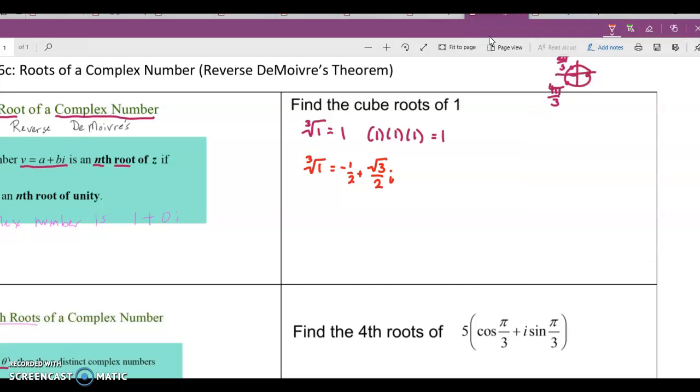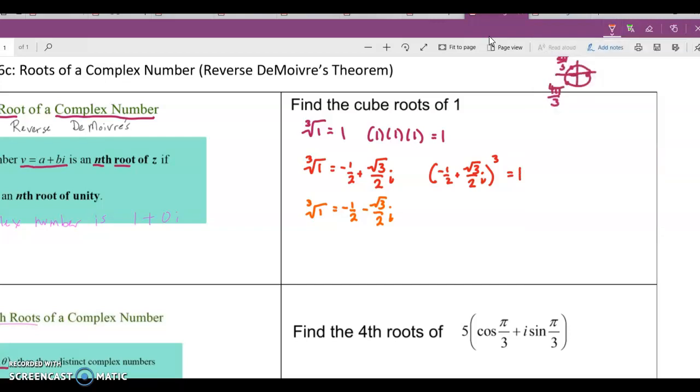Now, I'm also going to go out on a limb and say that a cube root of 1 is equal to negative 1/2 minus the square root of 3 over 2 i. So what I'm saying is that if I multiply negative 1/2 plus square root of 3 over 2 i times itself 3 times, that's equal to 1.